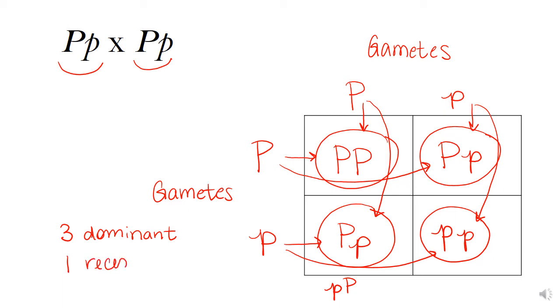So we would get 1 out of 4, or 25% of offspring with the recessive phenotype.